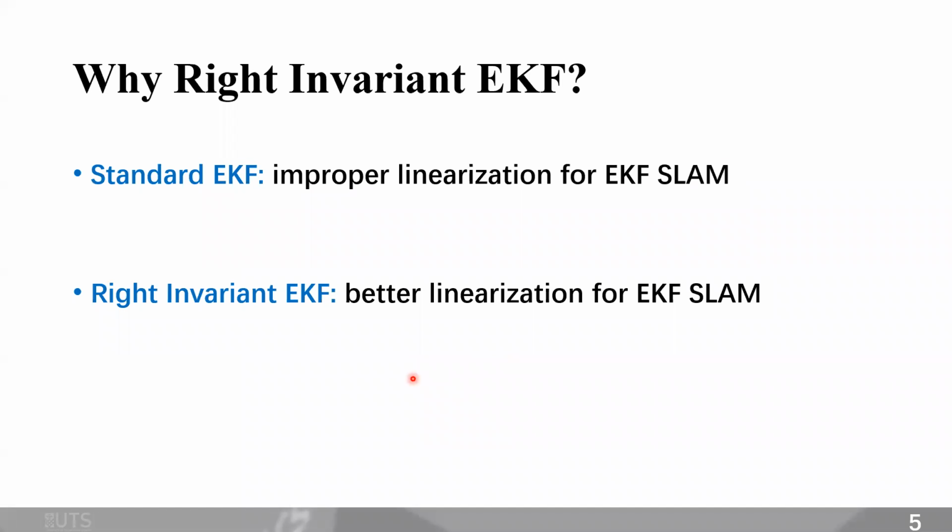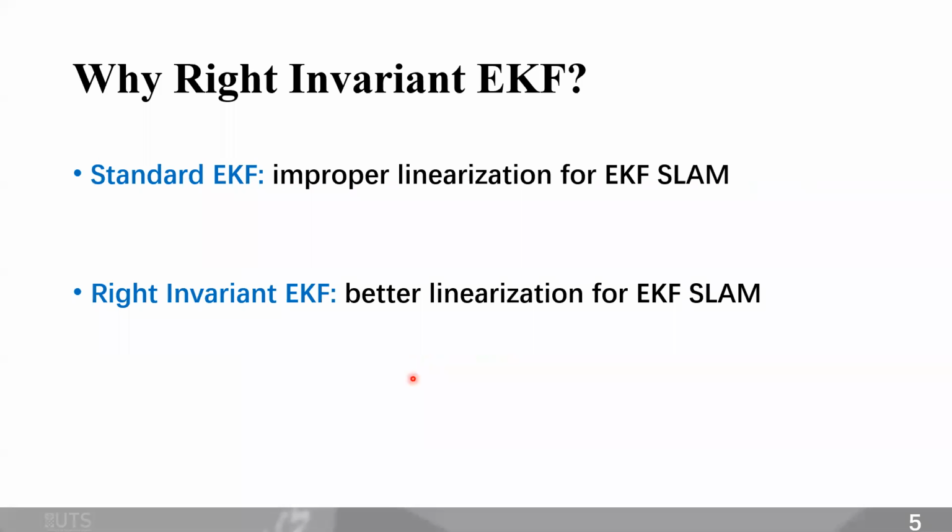So there should be some information we cannot observe, and it will have no impact on state estimation. However, an improper linearization, such as standard EKF or so-called SO3 EKF, could lead to bad performance in terms of convergence and consistency. Today, I will introduce the right invariant EKF, which is a better linearization method for EKF SLAM.